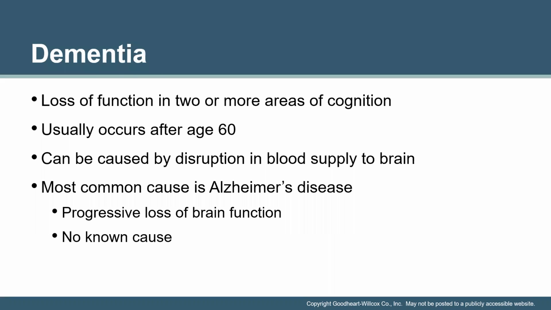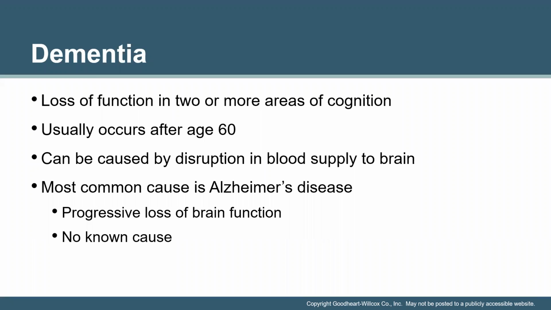One that's a lot more common, dementia. Alzheimer's, by the way, is under the umbrella of dementia. Okay, that came directly from a neuropsychiatrist, so I'm very familiar with Alzheimer's disease. With dementia you have the loss of function in two or more areas of cognition, usually after age 60, and there's generally a disruption of blood supply to the brain.